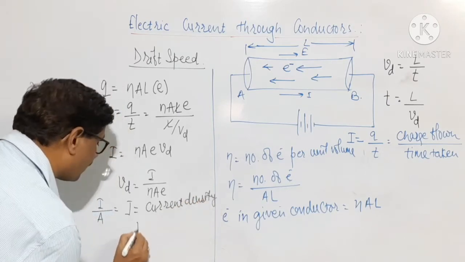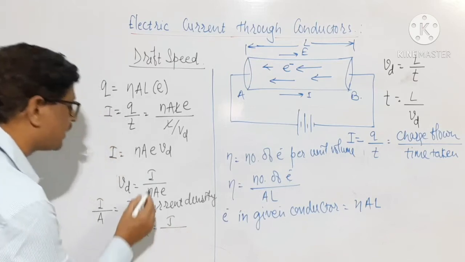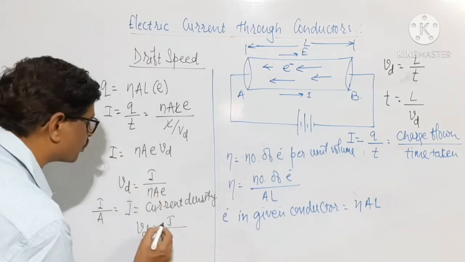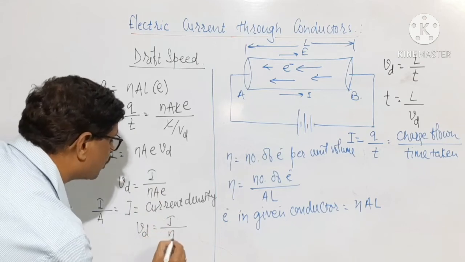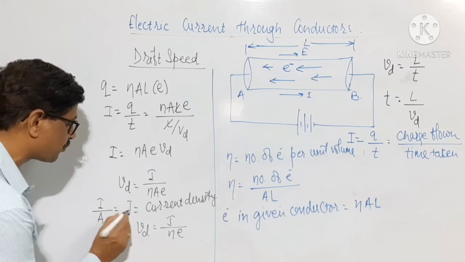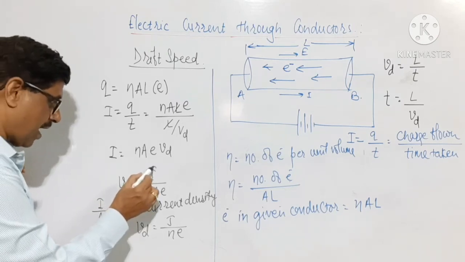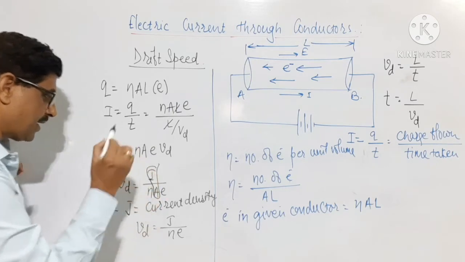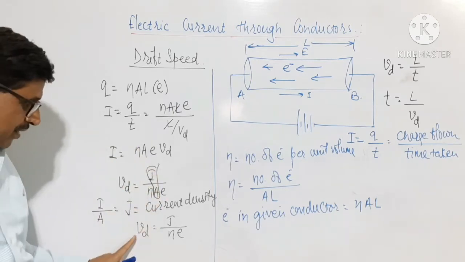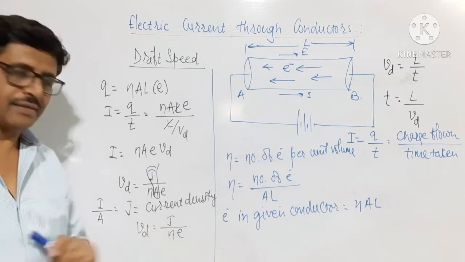Therefore, the drift velocity in terms of the current density is written as J upon n e, where J is I upon A.